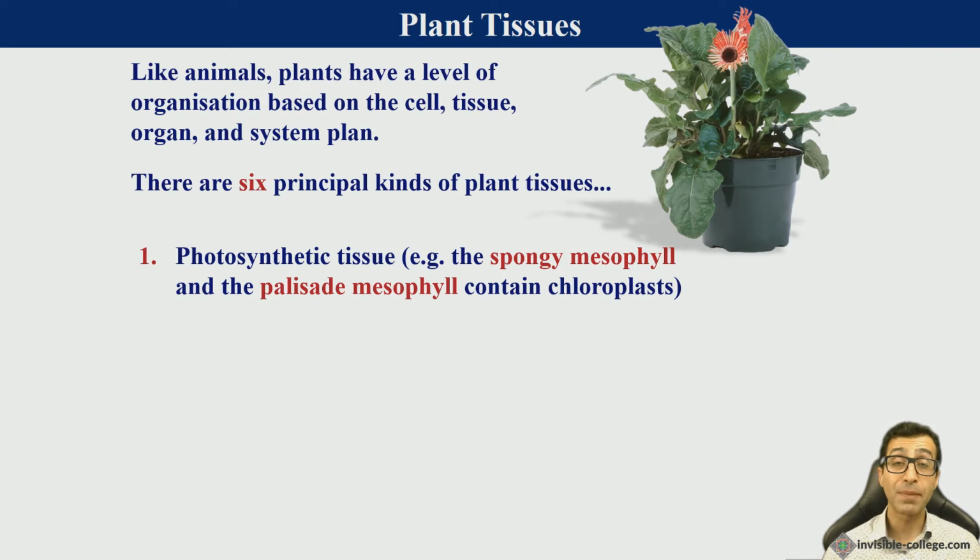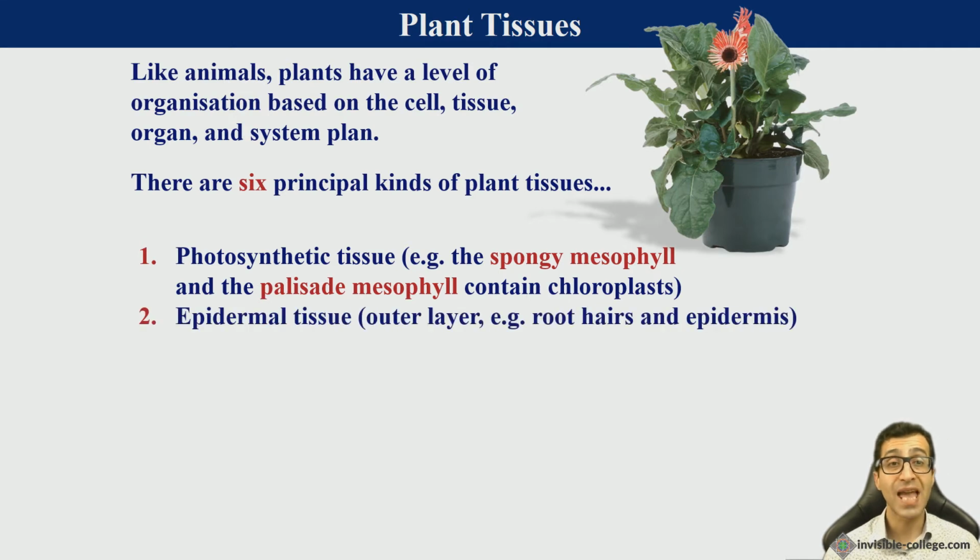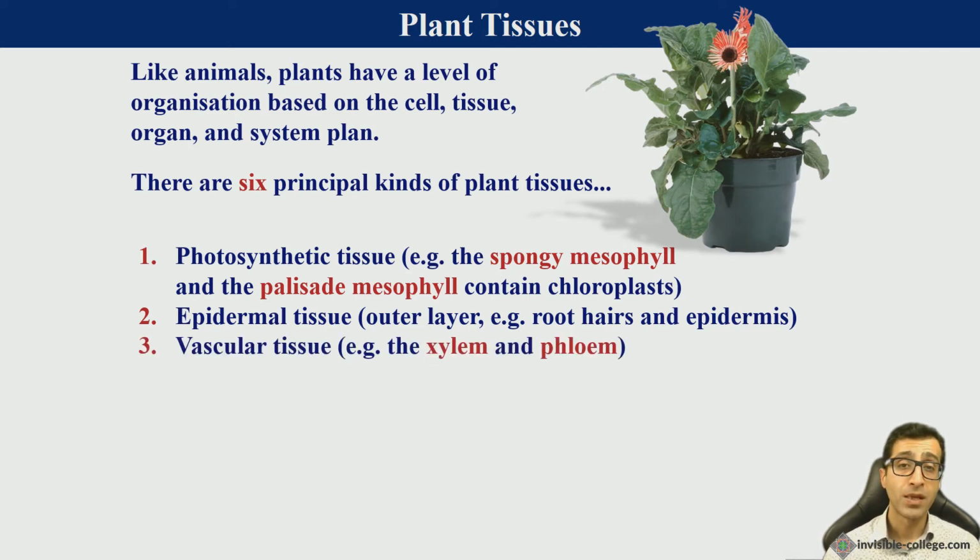So in plants, the epidermal tissue is the outer layer tissue of the parts of the plant, such as the root hairs and the epidermis. You have the vascular tissues for the mass transport of substances, such as the xylem and the phloem. Now we're going to get into the vascular tissues, the xylem and the phloem, in a lot more depth in the final webinar of this series on the subject of the exchange and transport of substances.